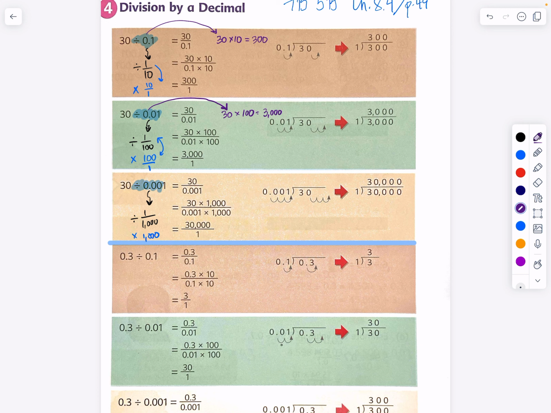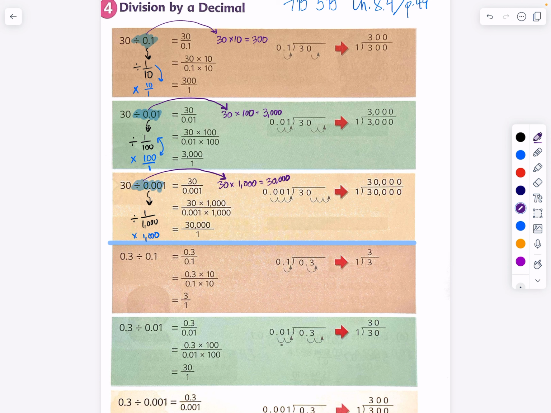And final example, using the same point of view: to divide by 1/1,000 means to multiply by the reciprocal of that fraction, which is 30 times 1,000 equals 30,000. So here I prove to you that to divide by 0.1, 0.01, or 0.001 is the same as to multiply by the reciprocal, which we already knew. I just pointed it out once again.